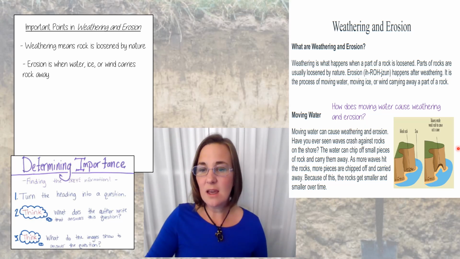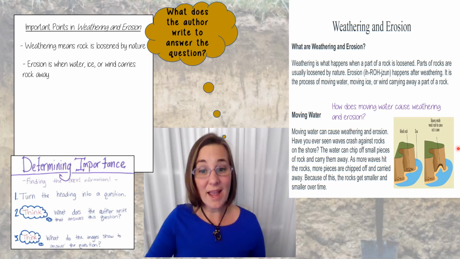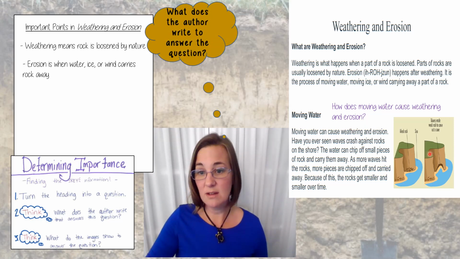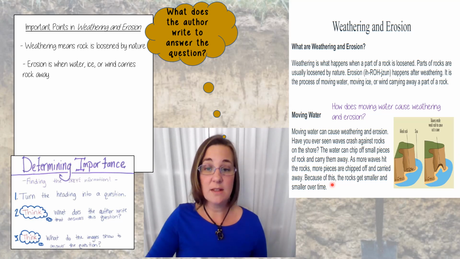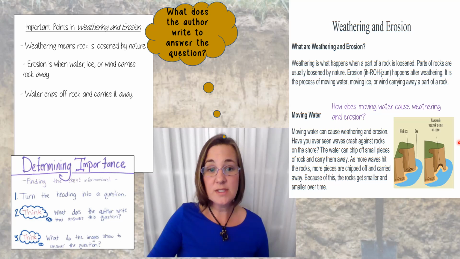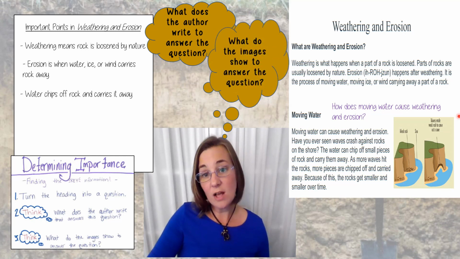Now I need to think, what does the author write to answer that question? Well, the author writes a lot of things, but I can just summarize what the author was saying. The author said that it chips off the rock and carries it away. I can also think, what does the image show to answer the question? So what did this image show that tells me about moving water causing weathering and erosion?